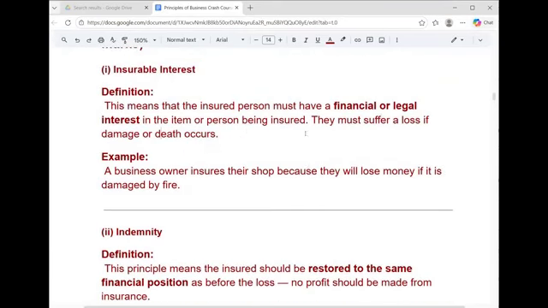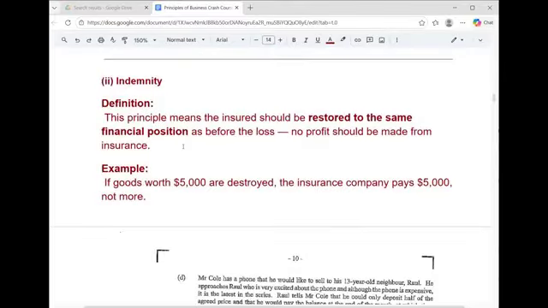So yes, it must be for a loss, right? Normally, something that's been lost, something that's been damaged, or even death as well, are reasons that persons could be insured for. The indemnity principle means that the insured should be restored to the same financial position as before the loss. No profit should be made from insurance.